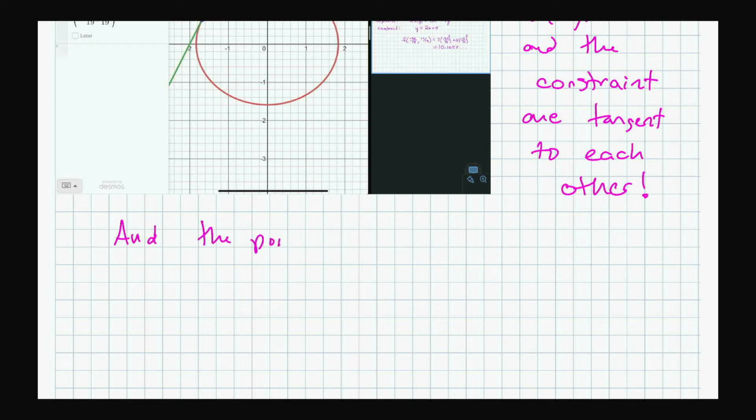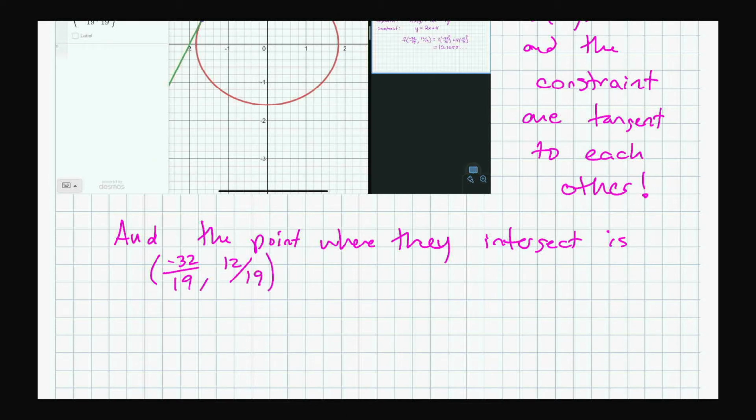The point where they intersect is negative 32 over 19, comma 12 over 19, which is the actual solution we were looking for, the solution we found to the problem.